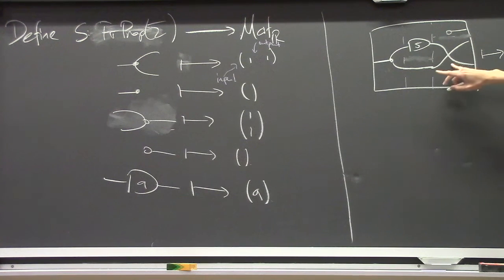Here, the swap also, because it's a symmetric monoidal functor, has to be mapped to the symmetry in the category of matrices. So the symmetry in the category of matrices looks like this, and now David's made me tensor that with an empty matrix, but the empty matrix still has a dimension.